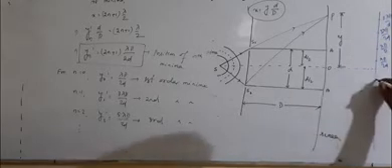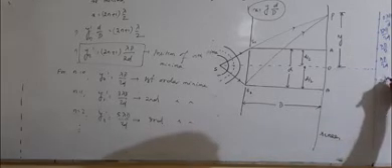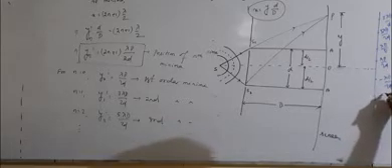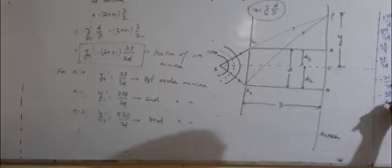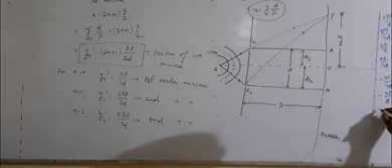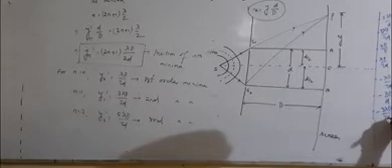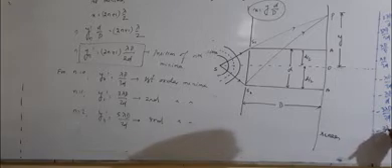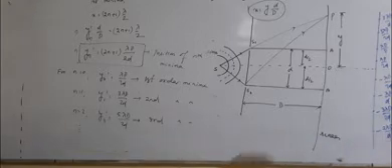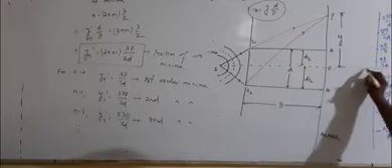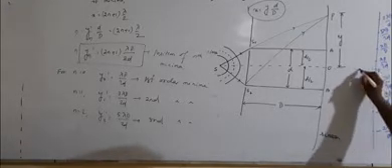Here also, minus lambda D by 2d, minus lambda D by d, minus 3 lambda D by 2d, then minus 2 lambda D by d. These are the positions. At this position we are getting minima, at this position center is O, it is maximum.